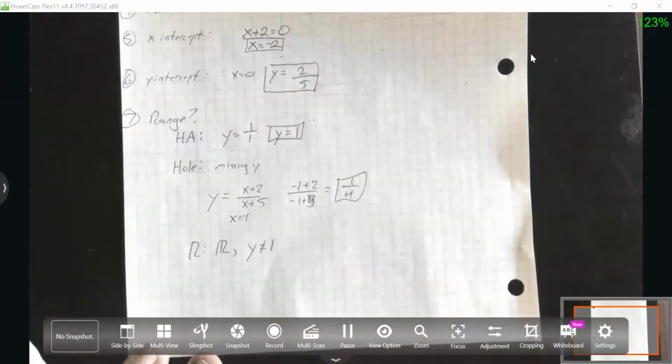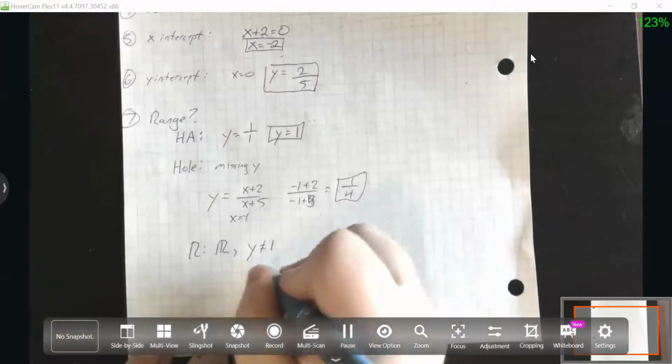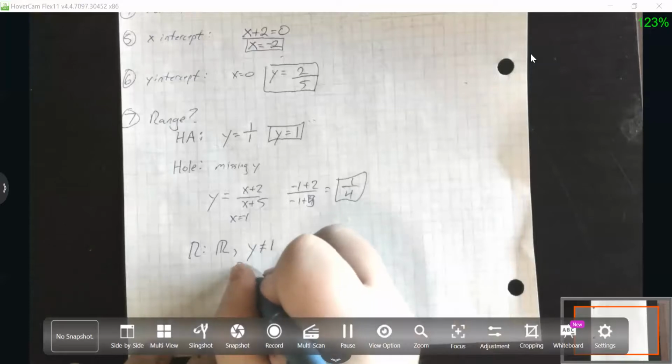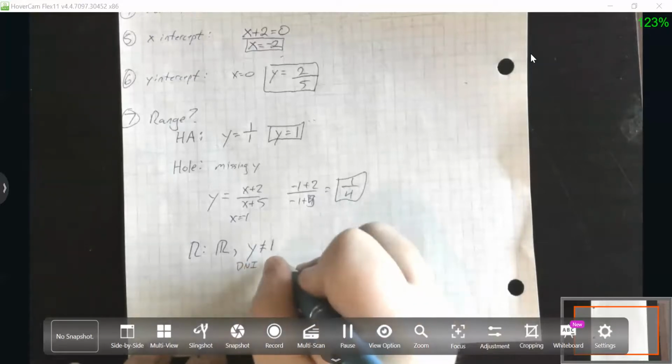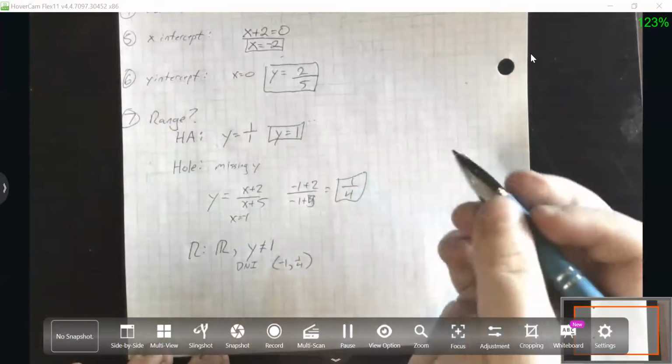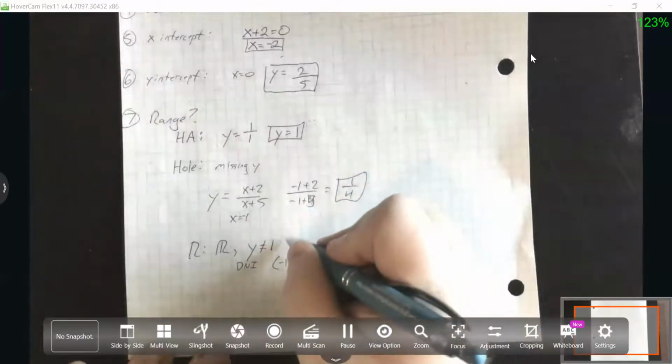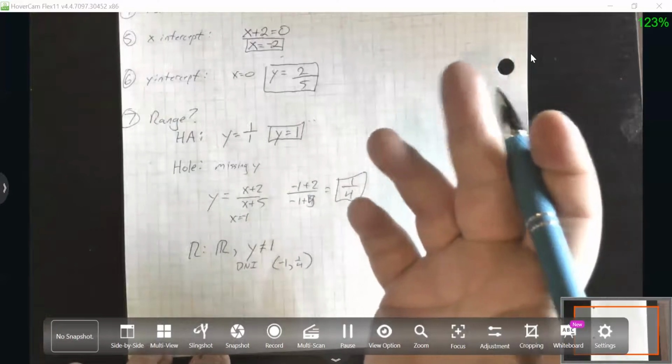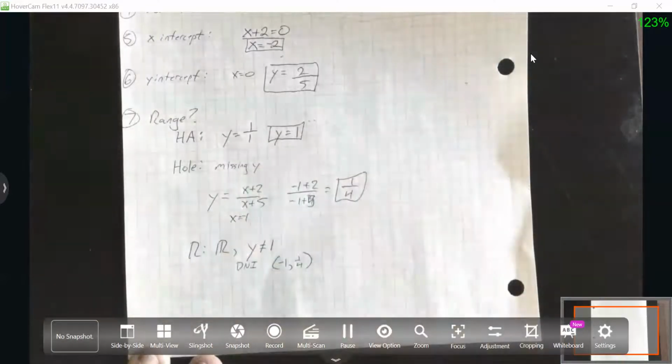And we need to mention that hole. So in particular, you could write that it does not include the point -1, 1/4. For the sake of this course, if you just want to tell me that the 1/4 was also excluded at that point, I'm not going to penalize you.